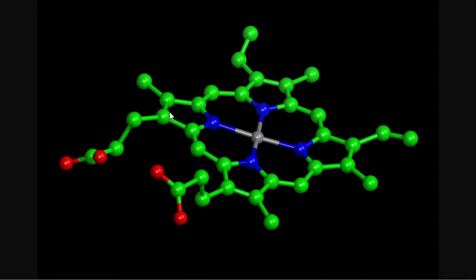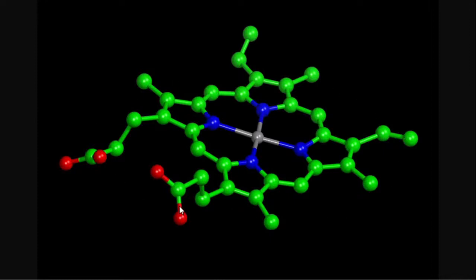Look that porphyrin rings also have small antenna radicals that are looking out from the plane of the total heme. These are residues of propionic acid, these are oxygen, and these are methyl radicals and vinyl radicals.